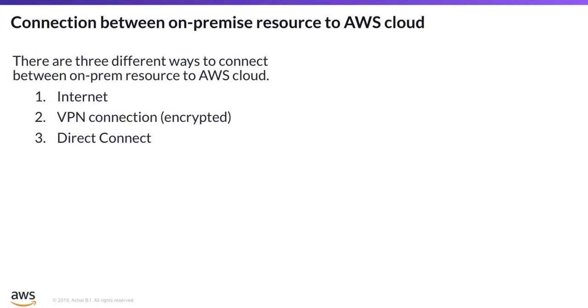What a VPN connection means is, if you want to connect any on-premise resource to the AWS cloud, we can have the IPsec protocol used, and it would be an encrypted channel through which two devices can communicate. There is also infrastructure built by Amazon called Direct Connect. We're going to learn how both VPN connection and Direct Connect work.